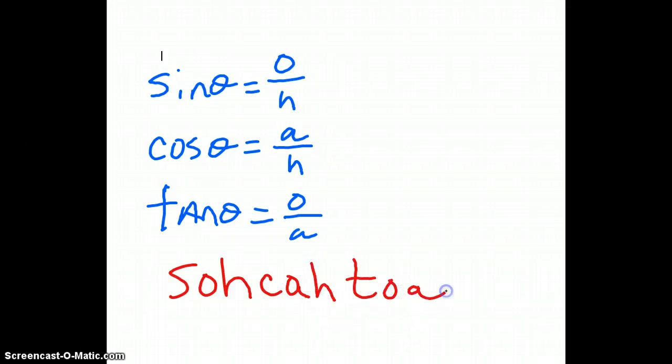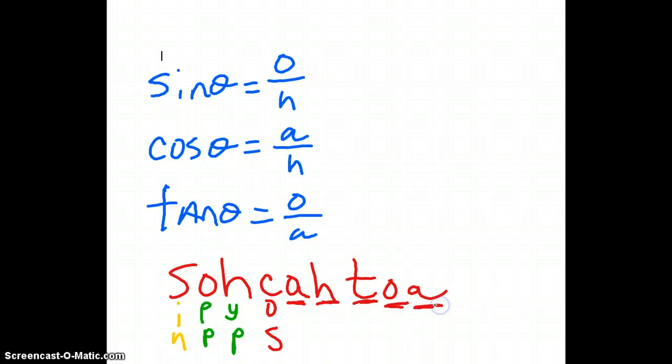What does this stand for? This stands for sine is opposite over hypotenuse, cosine is adjacent over hypotenuse, and tangent is opposite over adjacent.